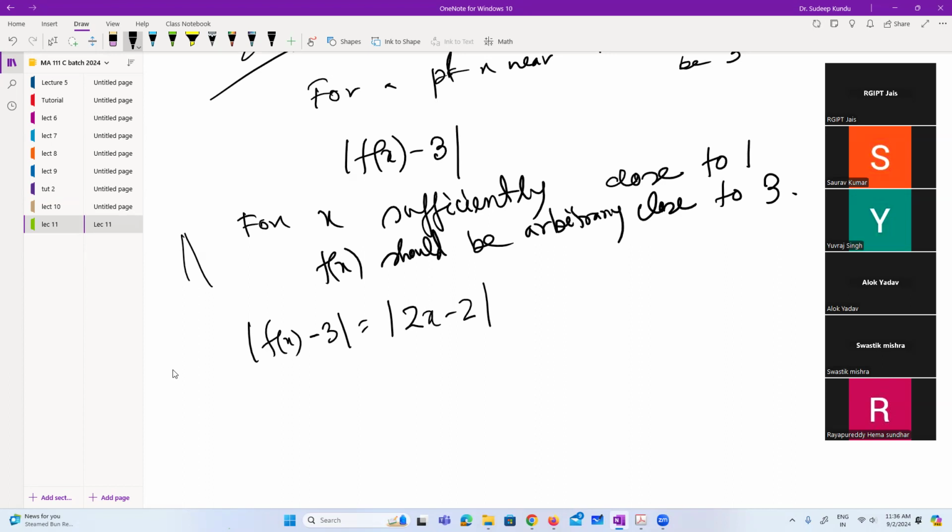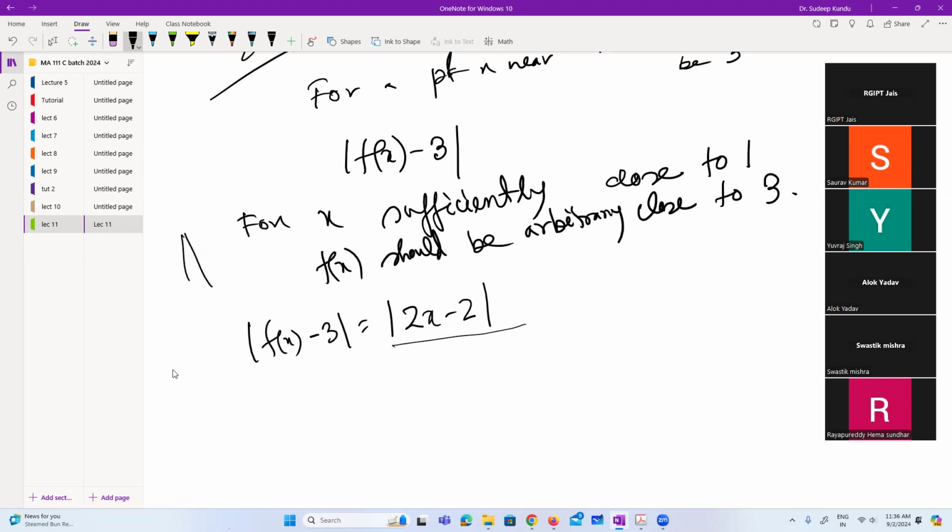And this value should be less than? I have not written the epsilon delta definition, but you can tell me. I'll write it now. I'm first trying to show it by definition. So this value should be less than?